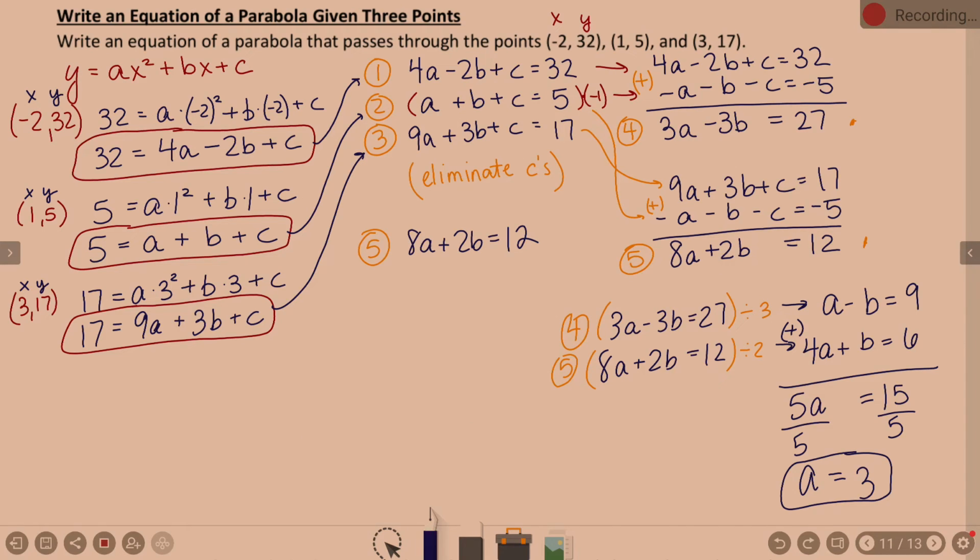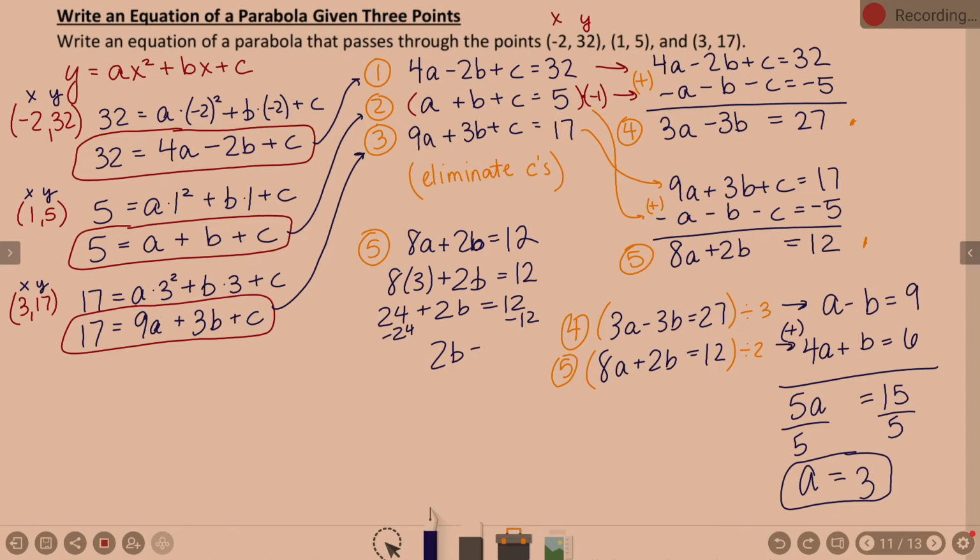Then what do we have? 8 times 3 plus 2b equals 12. 8 times 3 is 24 plus 2b equals 12. To get 2b by itself, I'm going to subtract 24.